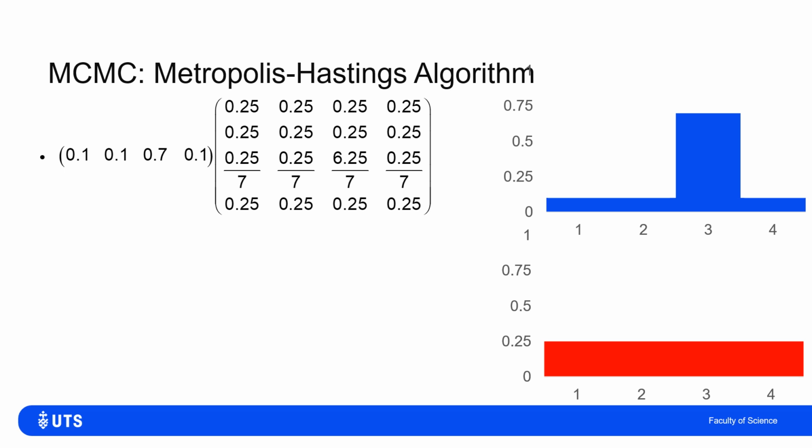So if it's the equilibrium distribution, that probability vector times the transition matrix will give me that probability vector unchanged. And when I work that out, sure enough, I'll just do, for example, the first one. The first element will be 10% of a quarter plus 10% of a quarter plus 70% of a quarter over 7 plus 10% of a quarter is 10%, and so on. If I work all of those out, sure enough, that does give me the equilibrium distribution.